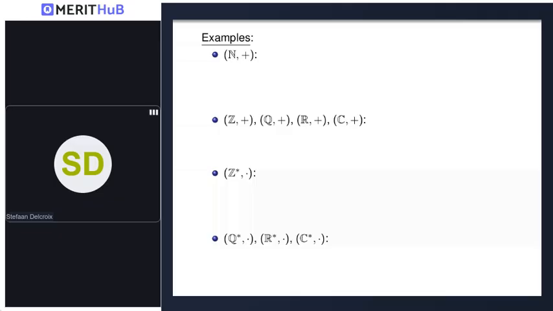Under addition, we typically didn't have any problems. The integers, the rationals, the reals, and the complex numbers, we've proven that they have all five properties. It's closed under addition, it's associative, it's commutative, there's an identity and inverses. So we have an abelian group.